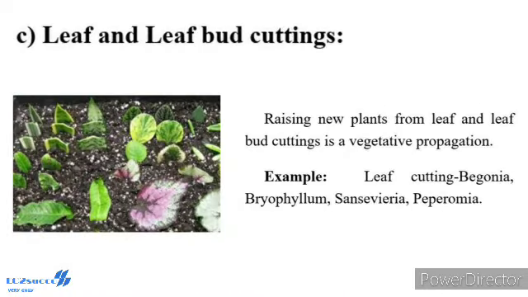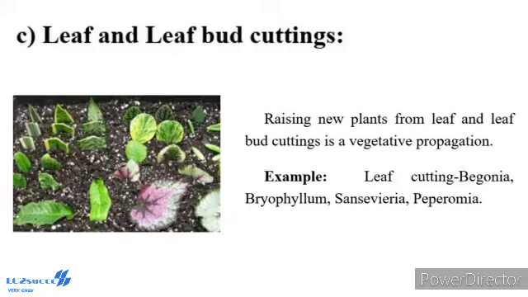Third one, leaf and leaf bud cutting. Raising a new plant from a leaf or leaf bud cutting is vegetative propagation. Plants with thick and fleshy leaves are propagated by leaf cutting. Examples: begonia, Bryophyllum, Sansevieria.